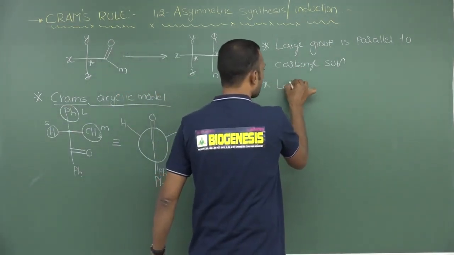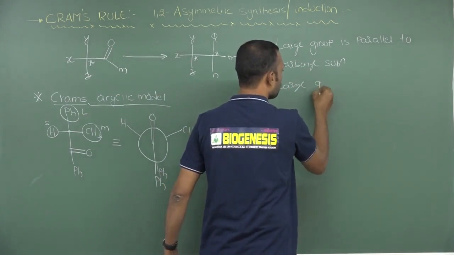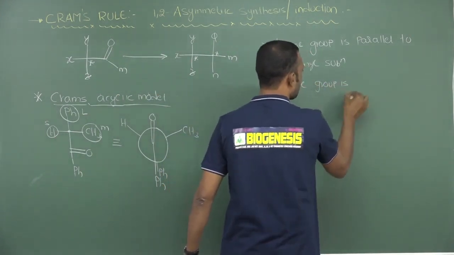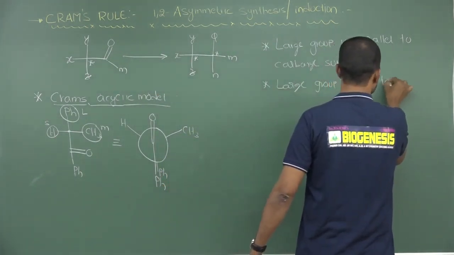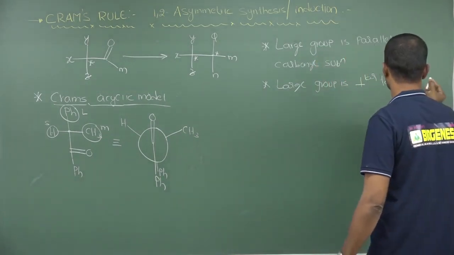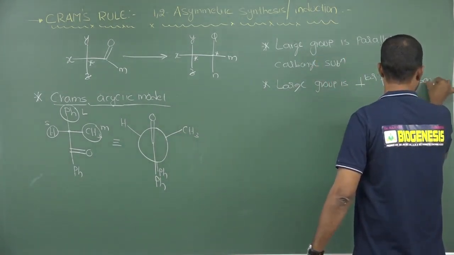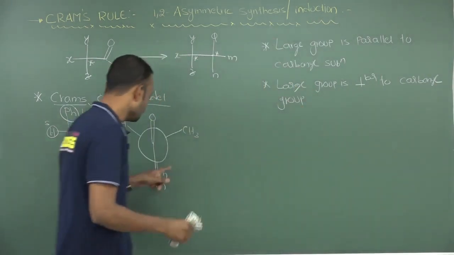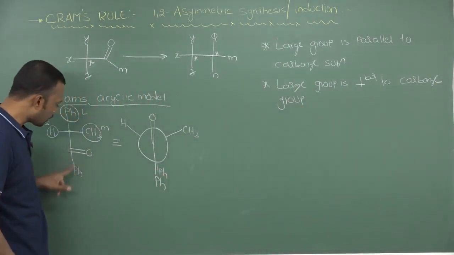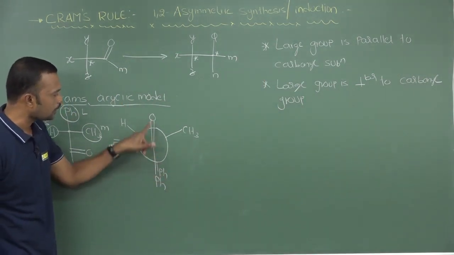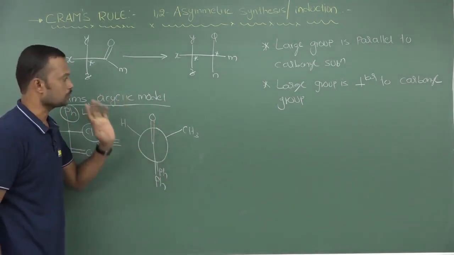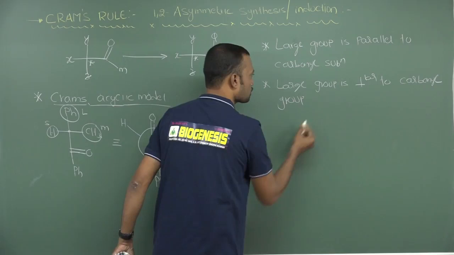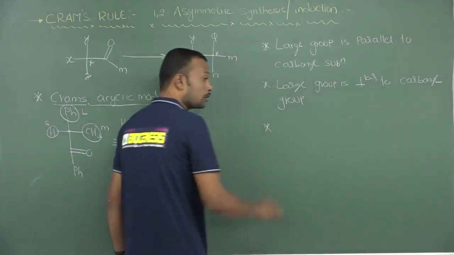In the same way, here the large group is perpendicular to, it is exactly 180 degrees, anti to the carbonyl group. It should be like this. The large group is parallel to the carbonyl substitution, and this large group is anti to this carbonyl substitution. Next, the remaining two substitutions.